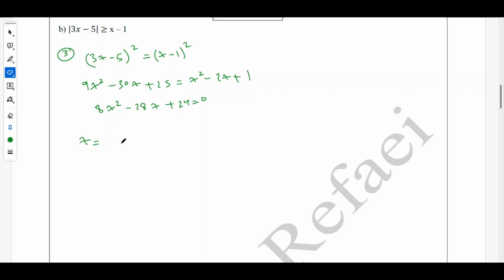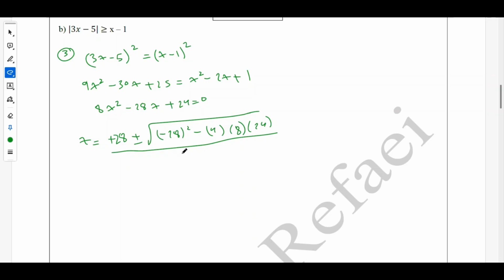x equals, I'm going to use the general formula: positive 28 plus or minus the square root of negative 28 squared minus 4 by 8 by 24, divided by 8 times 2, and I'm going to get two x values. x will be 2, x will be 1.5.